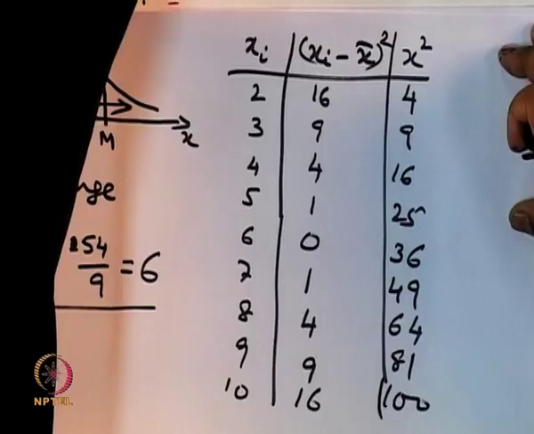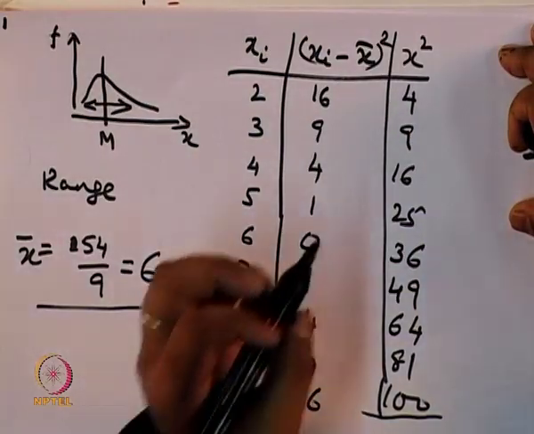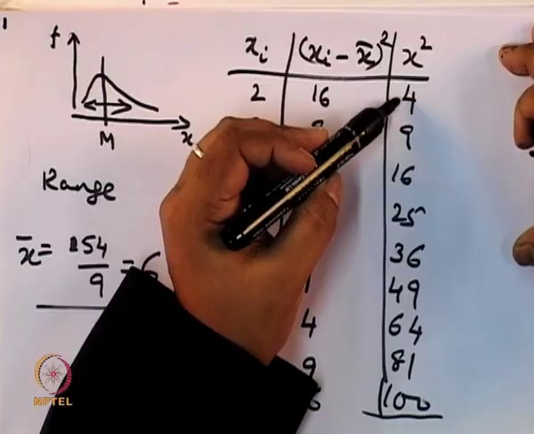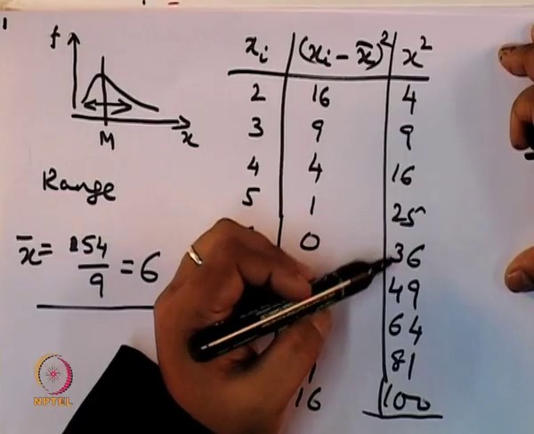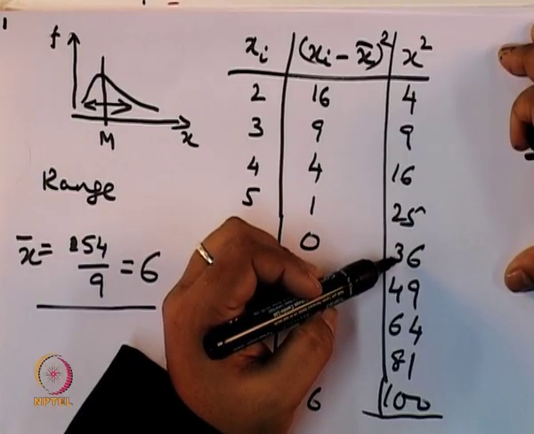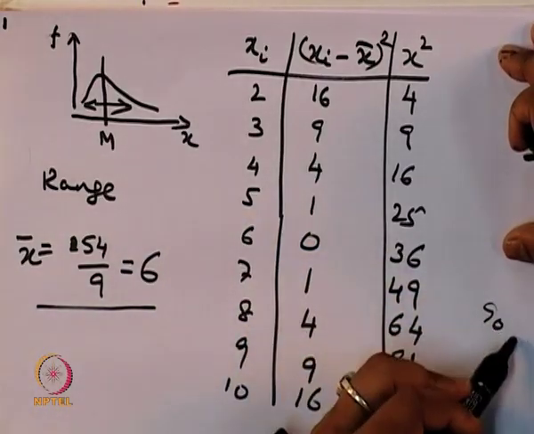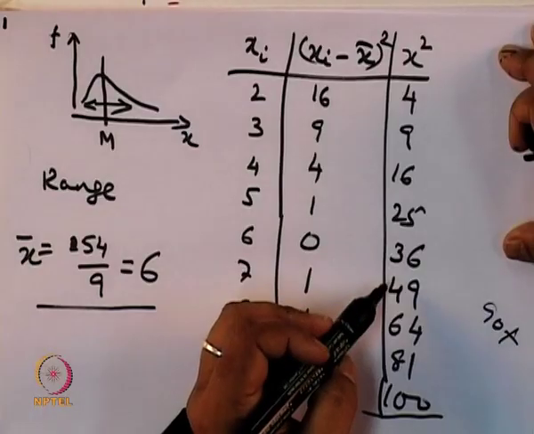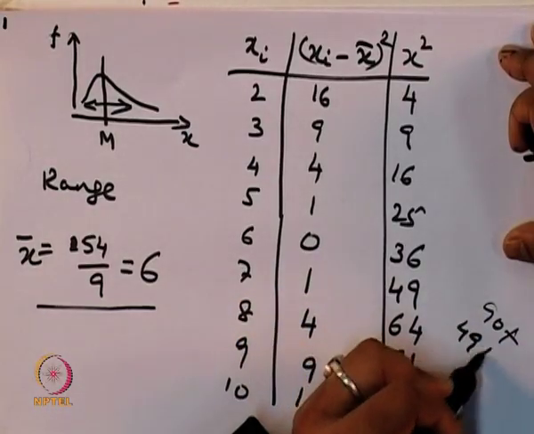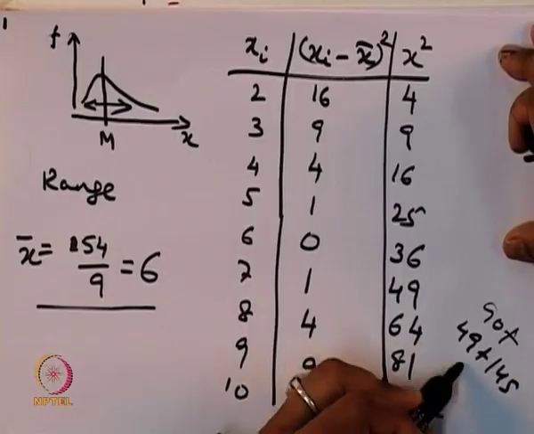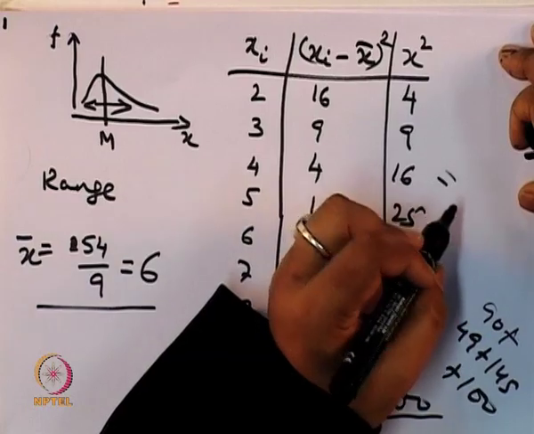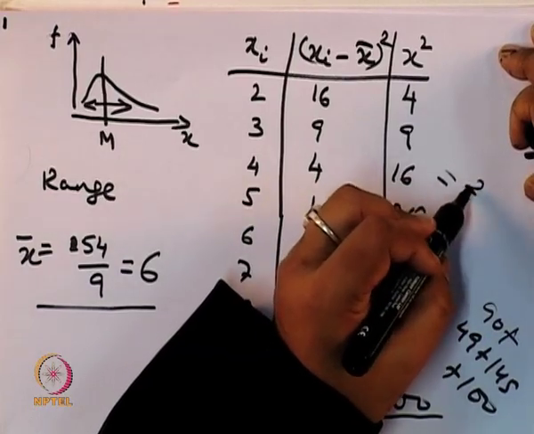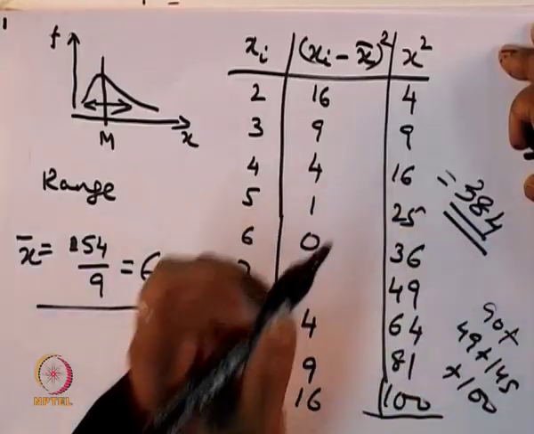Okay. So, I have to add up all these x square values. Let us see what this gives us. 4 and 9 is 13, and 16 is 29, 29 and 25 is 54, 54 and 36 is 90, then 90 plus 49 is 139 plus 64 is 203, plus 81 and 100, which gives roughly 384.